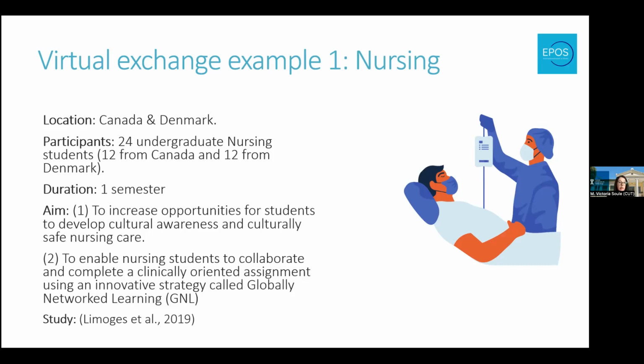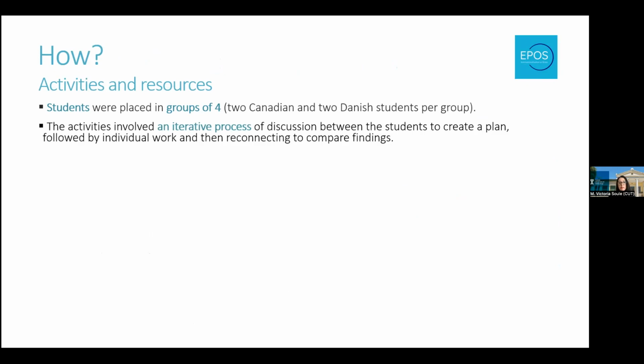So let's see how this study took place. Okay, first, students were placed in groups of 4, 2 Canadian and 2 Danish students per group. Then the activities involved an iterative process of discussion between the students to create a plan, followed by individual work, and then reconnecting to compare findings.